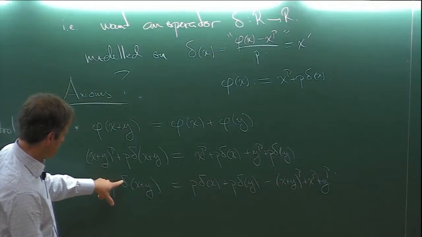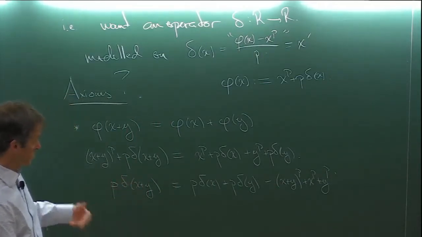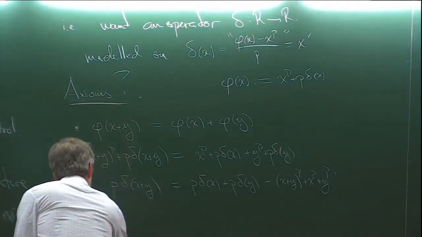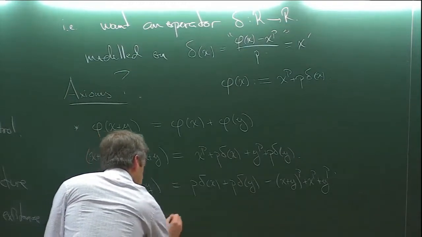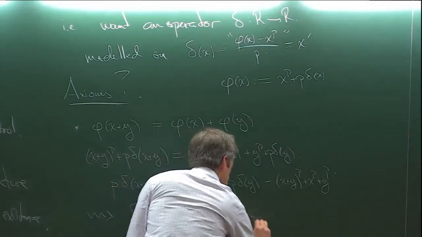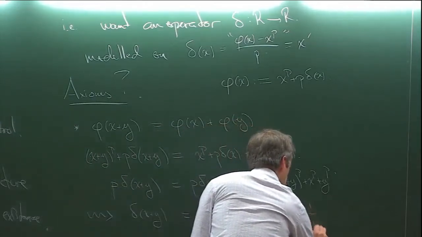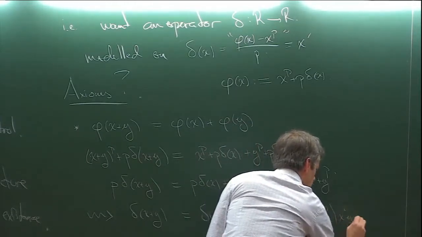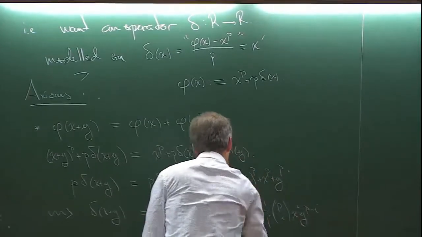But there's an axiom which is equivalent to this only in the case where you have no p torsion, when you can divide by p, and that's this one. So I'll write a squiggly arrow. And then what is this? This is minus the sum of 1 over p times p choose i, x to the i, y to the p minus i, where i goes from 1 to p minus 1.